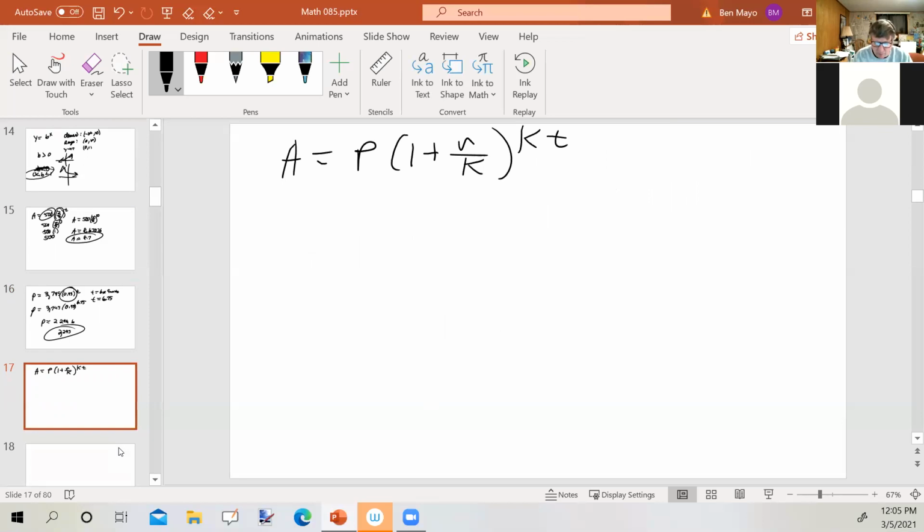So A equals P times the quantity 1 plus r divided by k, raised to the k times t power.